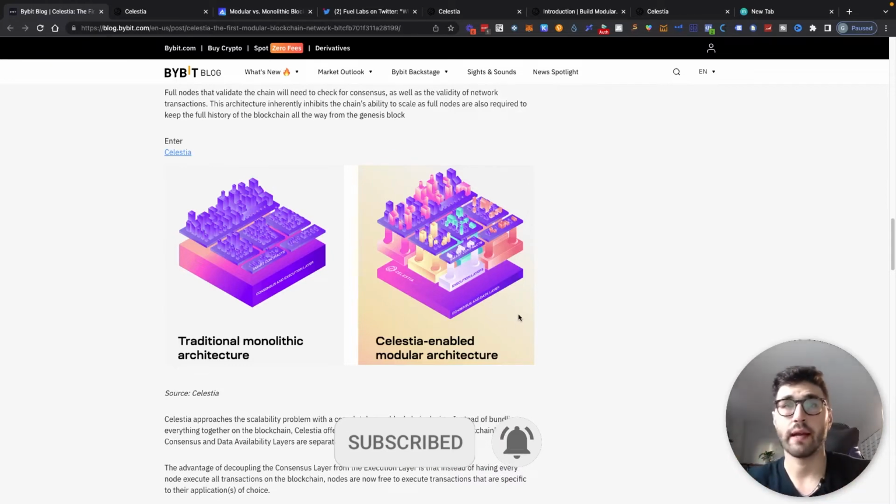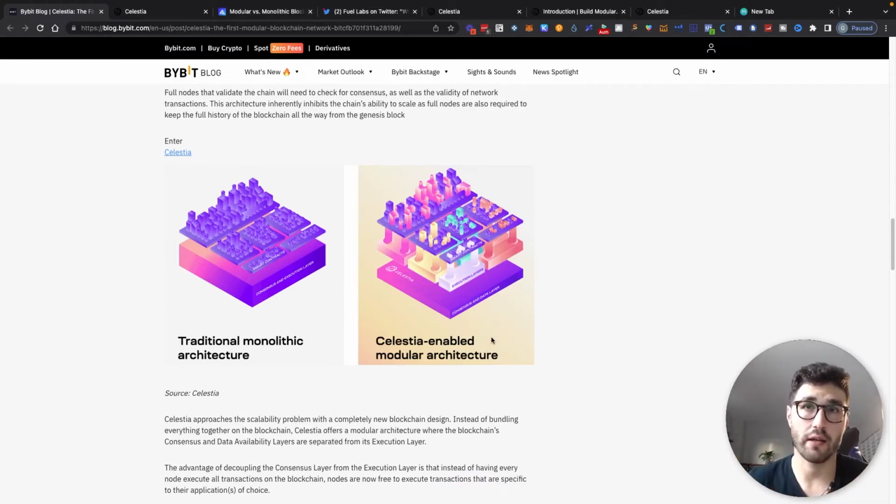On the other hand, look at the modular architecture, right? So we talked about the four main components of the blockchain, but look at this. Instead of being a one-story building, right, we actually have a four-story building, right? Because all those layers are actually separated from each other.